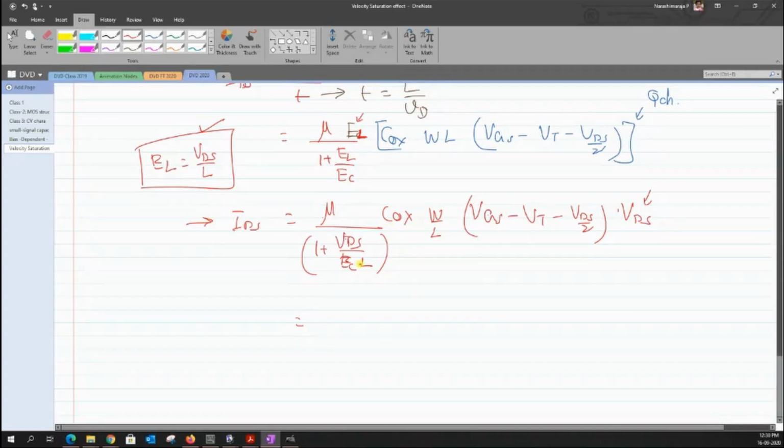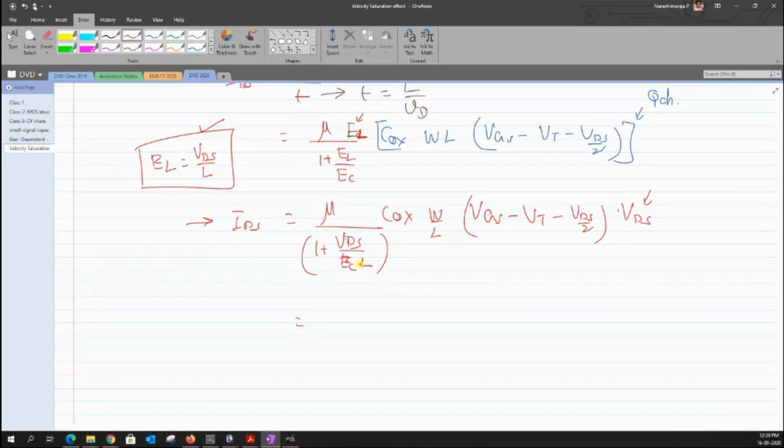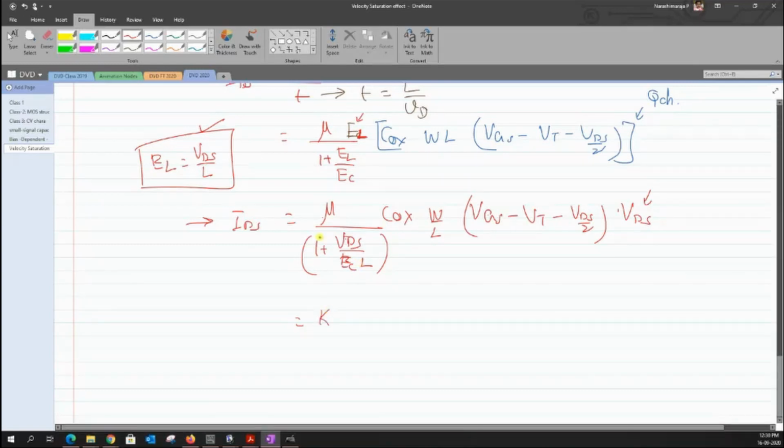Now I'm going to introduce one particular term, which is known as kappa. I'm going to rewrite this equation, equation number 1, in terms of kappa of VDS, times the normal equation, which is mu times COX W by L, times VGS minus VT minus VDS by 2, times VDS. Now, what is this kappa expression?